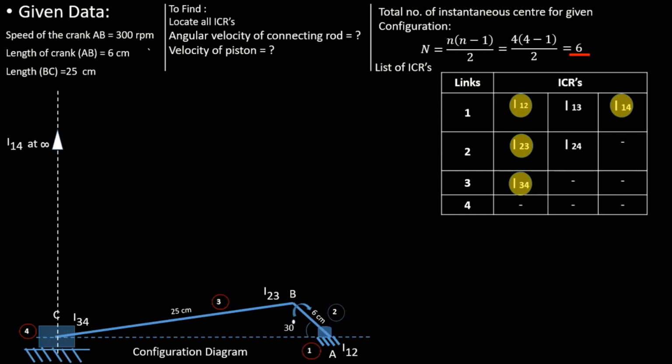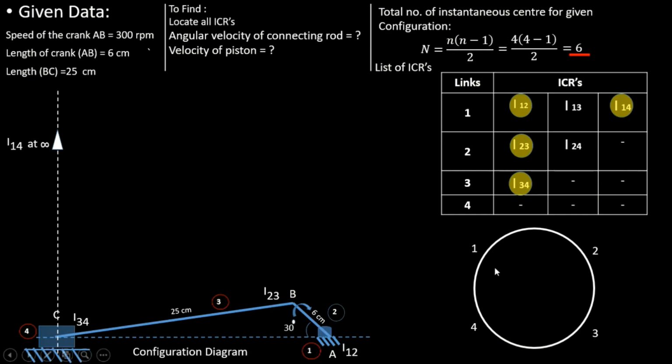For that, first of all we will draw a circle. Now we have to mark points on the circle equal to the number of links in the given configuration. How many links do we have in this configuration? 4. So mark 4 different points on the circumference of this circle: here it is point 1, here point 2, here point 3 and here point 4. Now we have to connect all these points, but those connections have certain meaning.